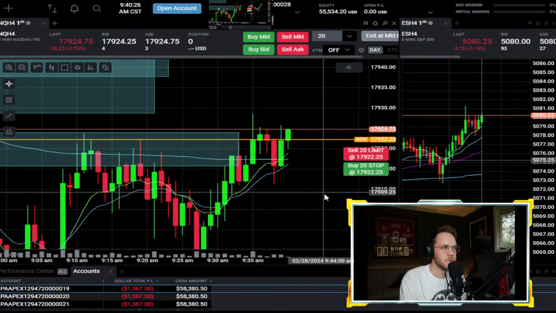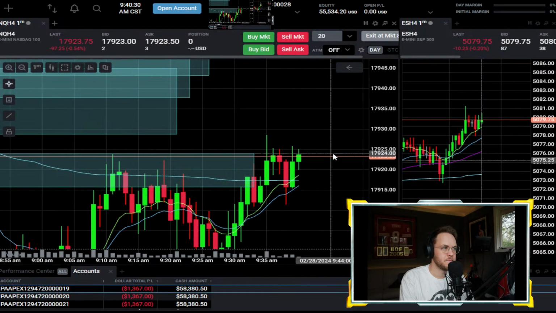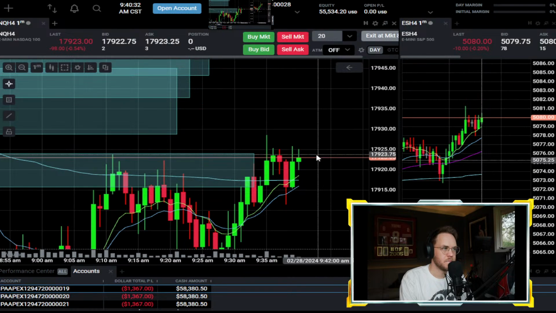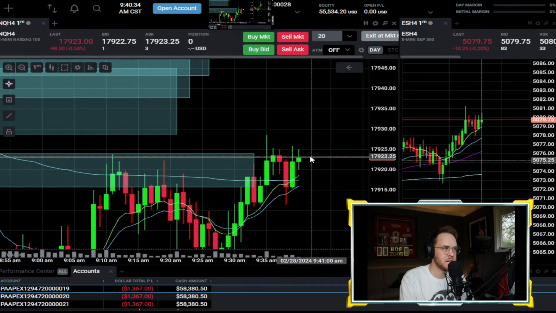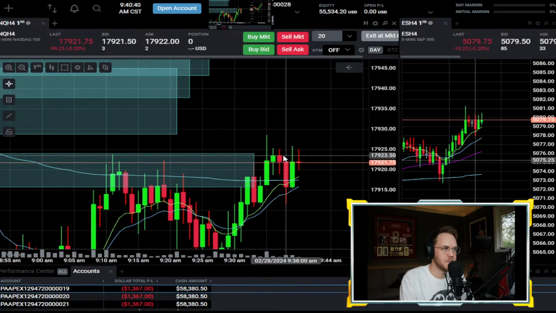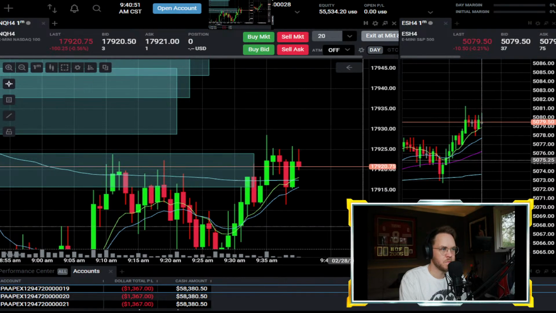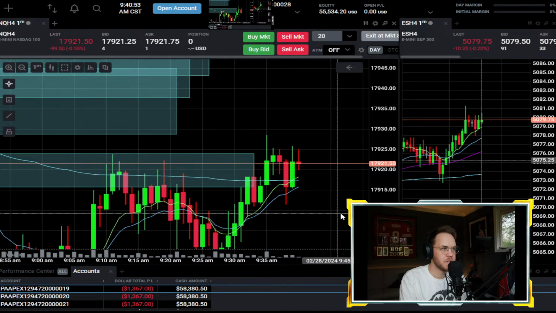There we go. That's why we wait. All right, we want to see if the body of this candle closes above this line I'm on right now, 923.50. Maybe a signal of a move to the upside. Otherwise, we'll come back down to the 900 level.